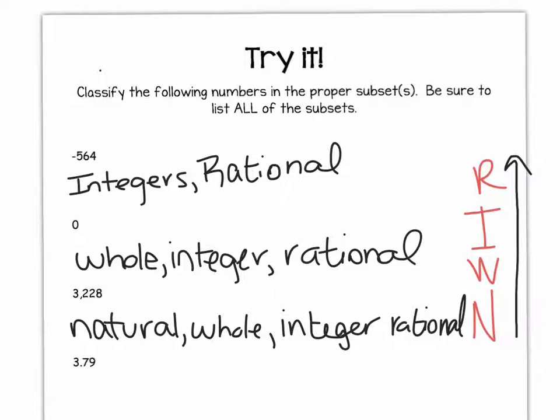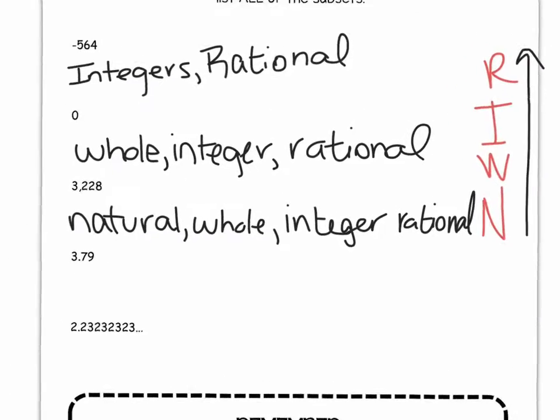I nearly ran out of room right there. Okay, so that means when you start here at the very bottom with a natural number, you have to include all the ones above it. So when you have a natural number, it fits in all of the boxes. It fits in natural, whole, integer, rational.